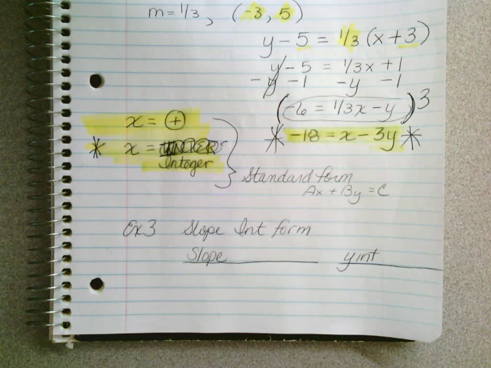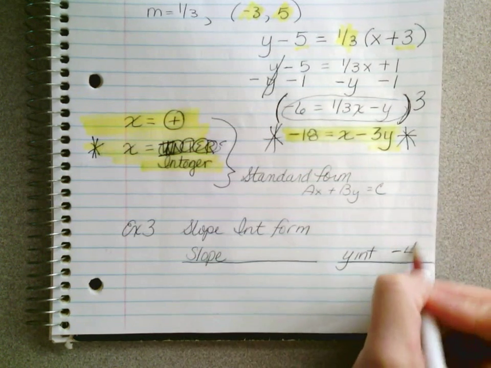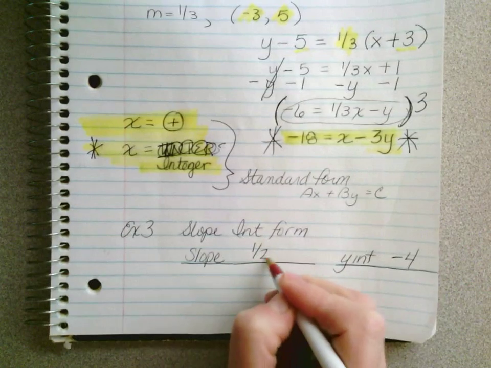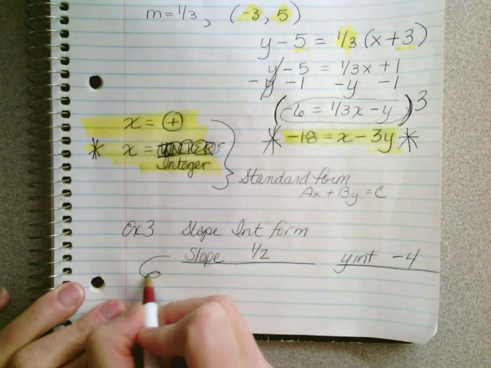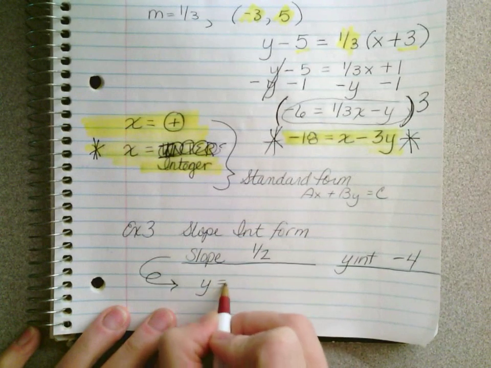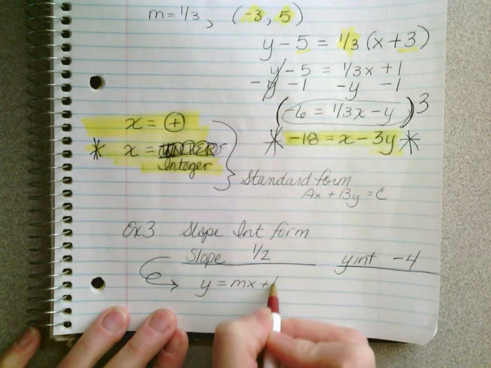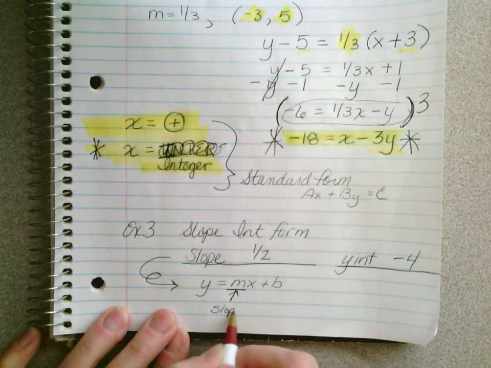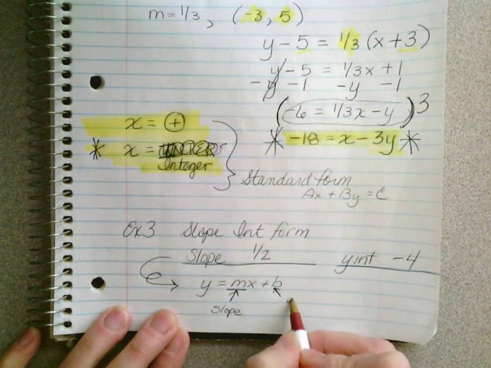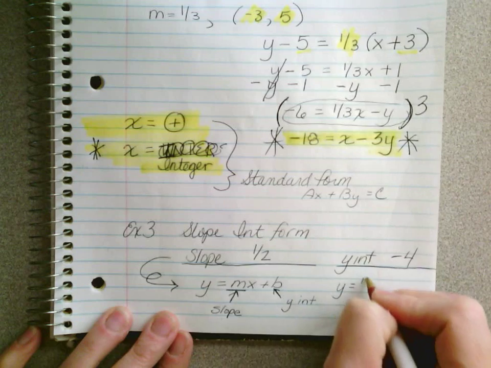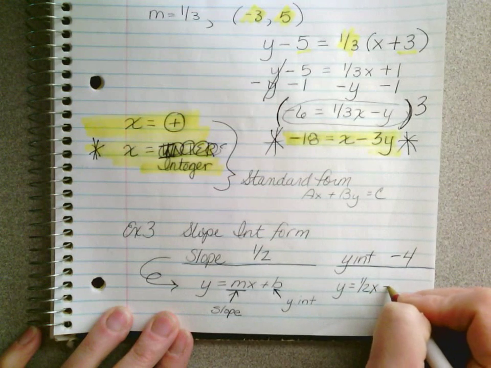So if I tell you that the y-intercept is -4 and the slope is 1/2, it is super easy to get a formula out of this, starting with slope-intercept form. M is slope, B is the y-intercept. Plug in what you got. Y equals 1/2 X plus a -4.